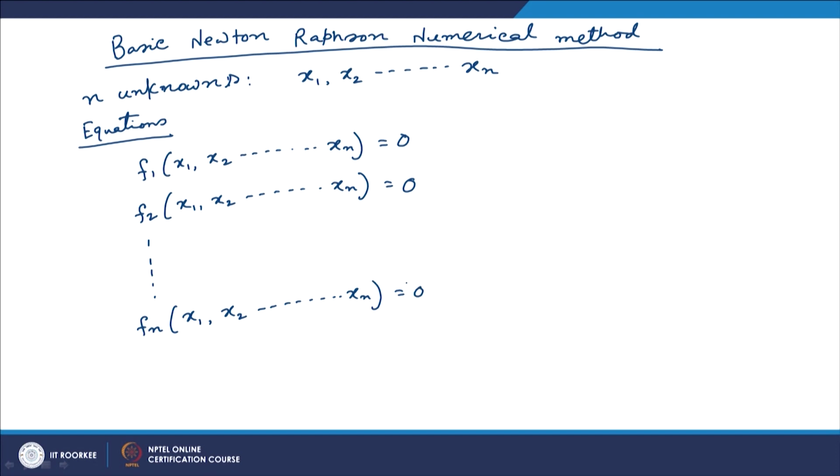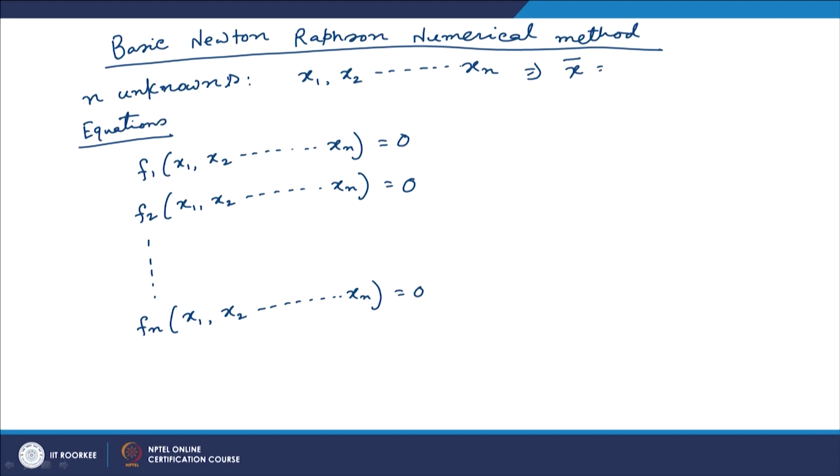Now, in the Newton-Raphson technique, because this is basically a kind of numerical method, we first assume some initial point. We have to solve for x1, x2, xn. So, this is an unknown vector X, and because this is a vector, this bar is not needed.